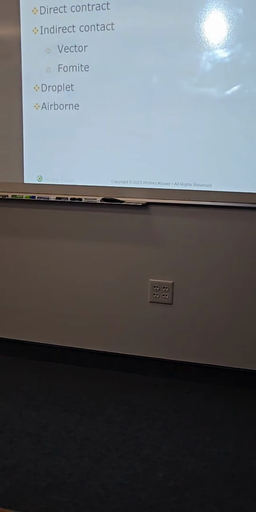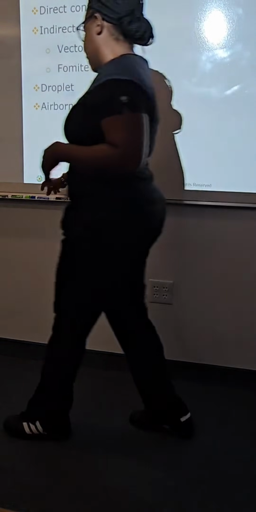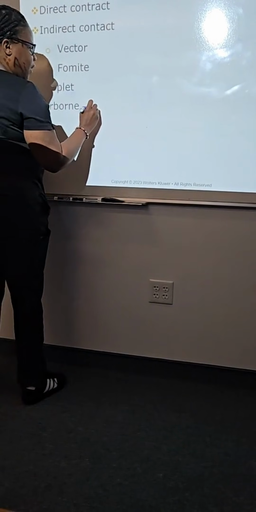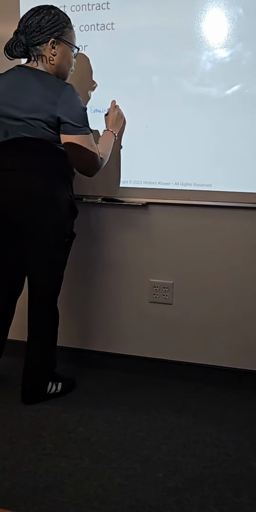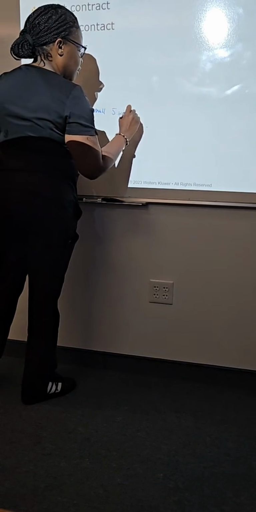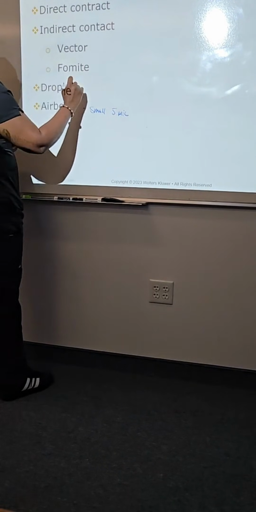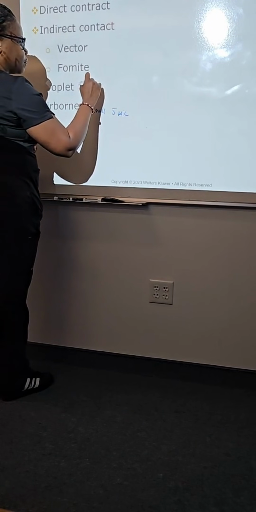So if it's smaller than 5, what is it called? What does the book say? Airborne. Smaller than 5, microns. And this one is greater than 5.